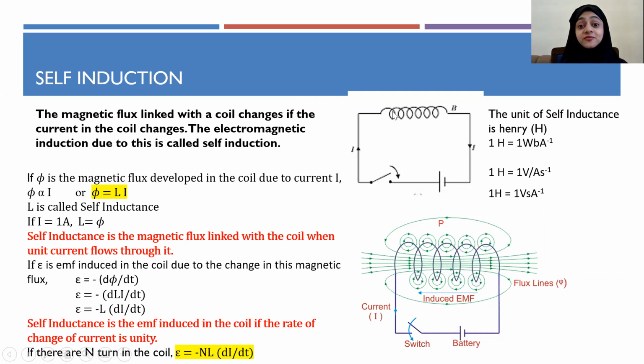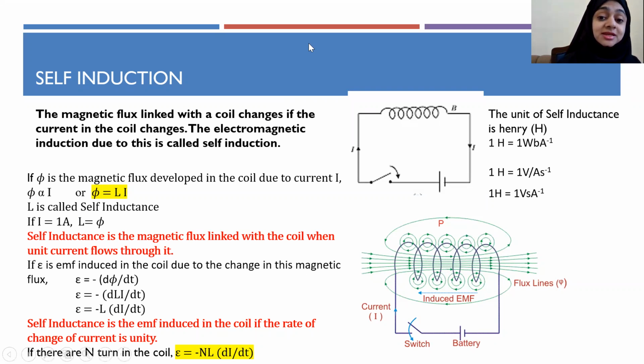So when the magnetic flux linked with the coil of wire changes, what happens? By Michael Faraday's law of electromagnetic induction, an EMF is developed. So an EMF is developed in this coil of wire due to the change of magnetic flux linked with this coil. And the EMF developed, according to Lenz's law, will try to oppose the change in current.